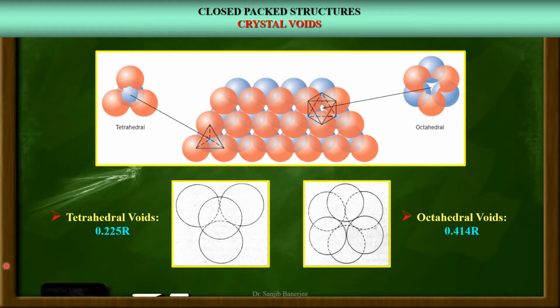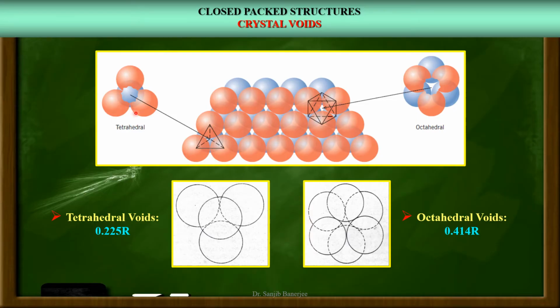In the first one, in case of tetrahedral voids, we see in this figure there are three spherical atoms at the bottom plane and one spherical atom at the top plane, and the empty space in between these two planes forms the tetrahedral void.